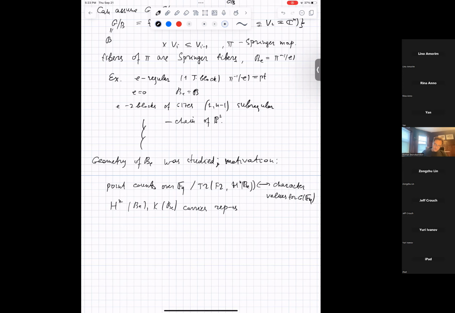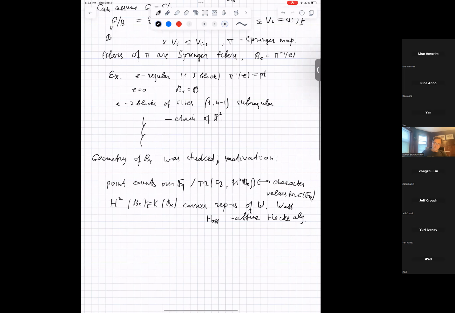I mean, the cohomology is not, let's not go deep into this, but these are very close spaces, in fact isomorphic, or at least tensor Q. So it carries representations of the Weil group, and then you can modify it to get an affine Weil group, and you get the affine Hecke algebra. So that's representations that people are interested in, in particular interested in local Langlands theory.